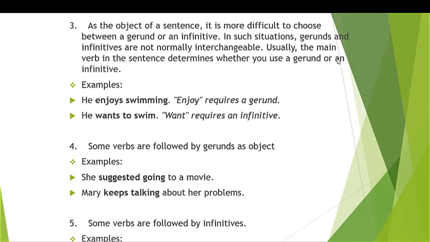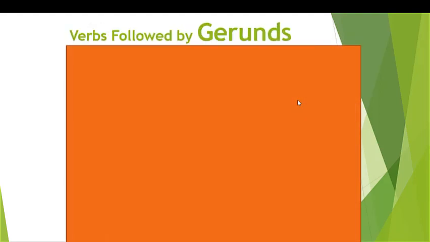Okay, something like once. One is a verb that could be followed and must be followed by an infinitive. After this explanation, you have to memorize some verbs, not some, but a lot of verbs that are followed by gerunds.